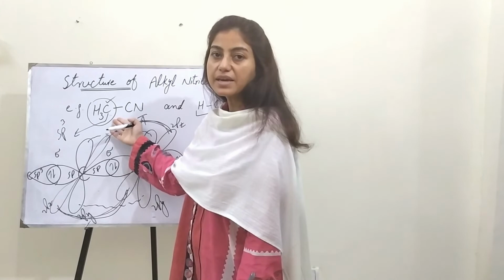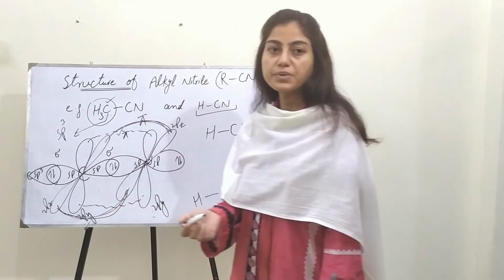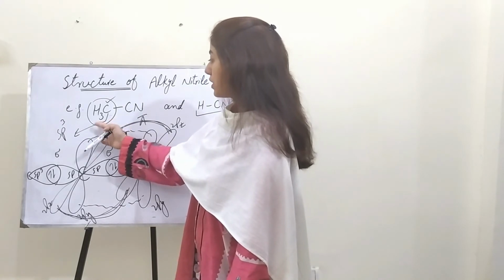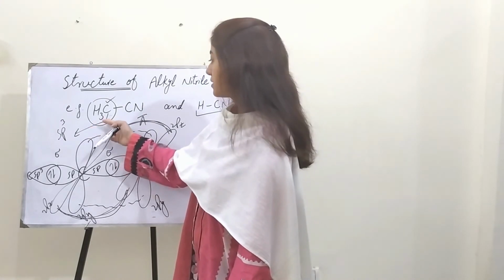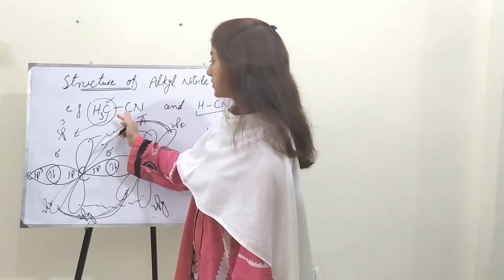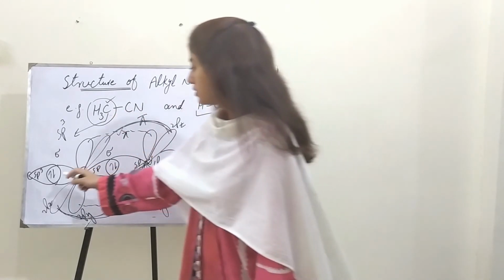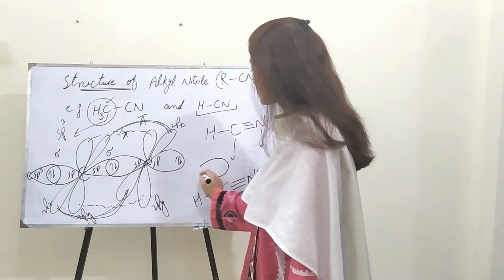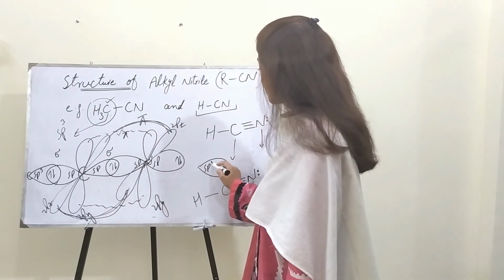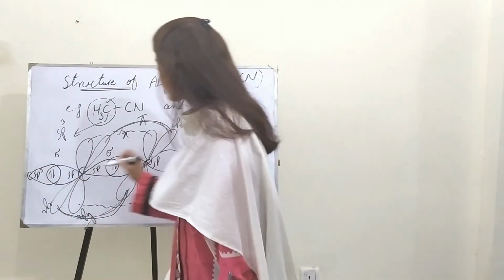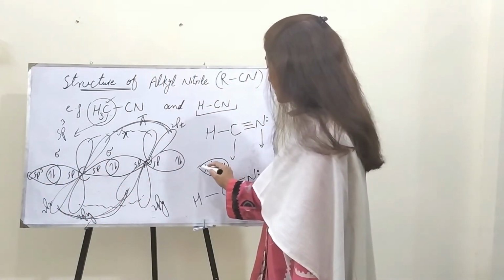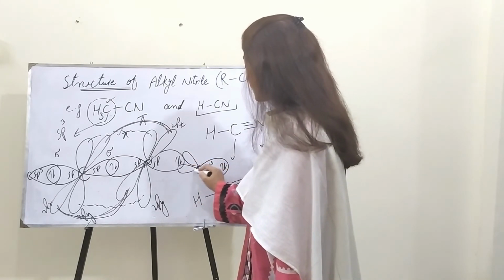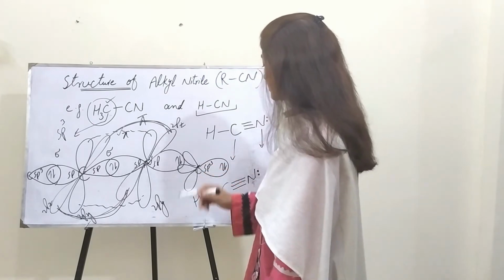It has the same case as the structure of methane, with the only difference that one hydrogen atom would be replaced by the sp hybrid orbital of this carbon atom. So here the rest of the story would look like this. This is the sp3 hybrid orbital, this one. And there are three other hybrid orbitals.